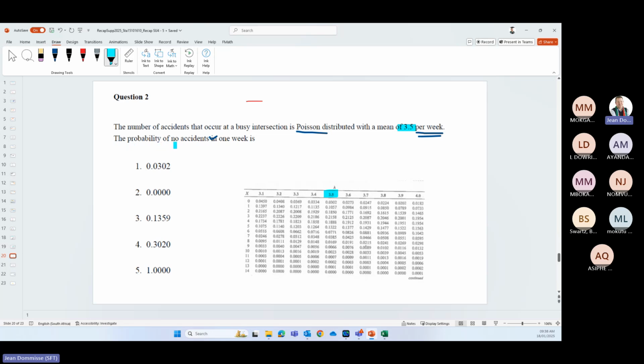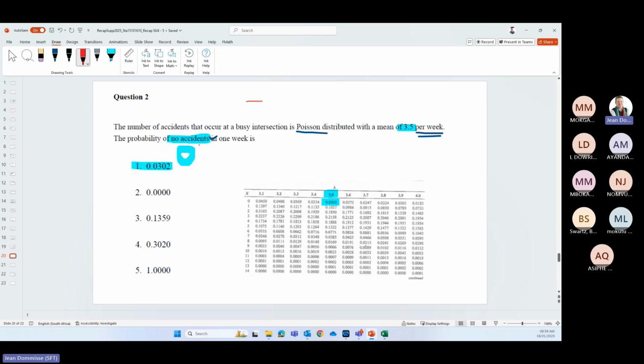What's the probability of no accidents? No accidents is 0, so what's the probability of 0? 0.0302, which is that first one.